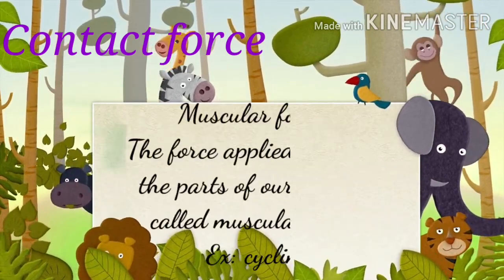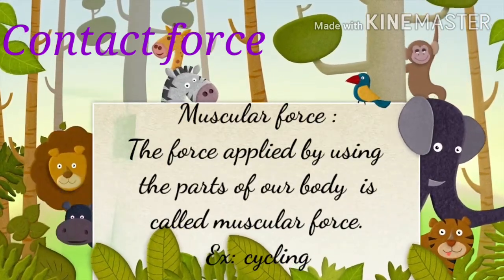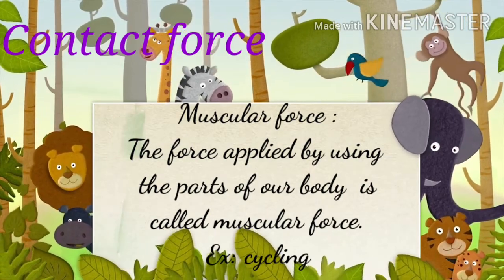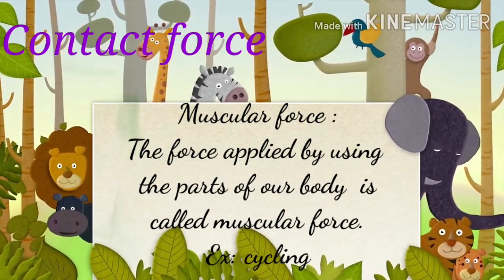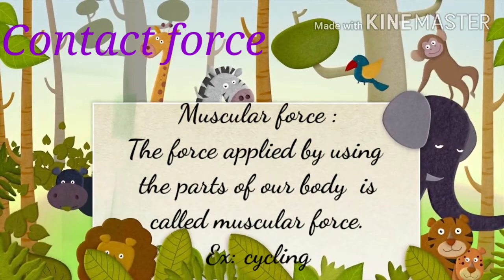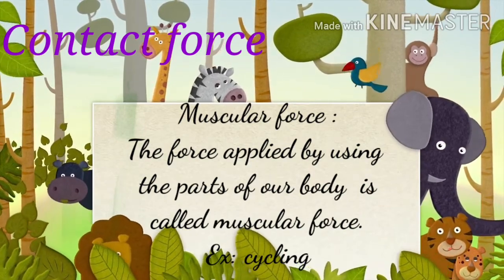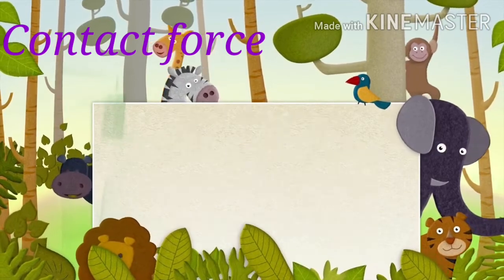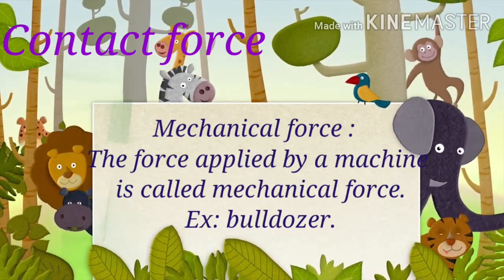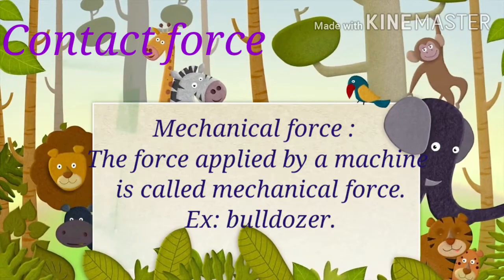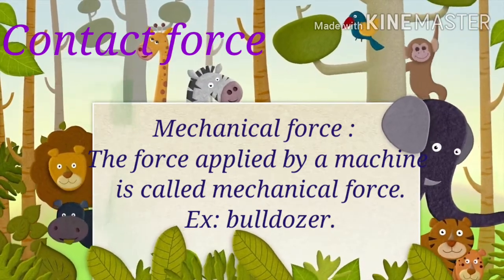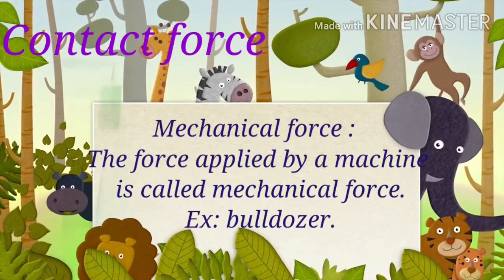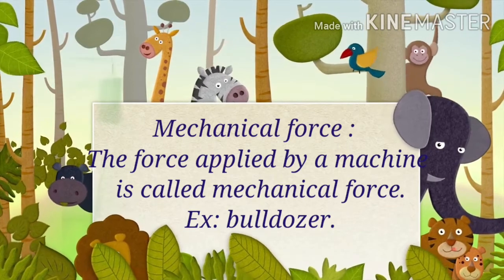Muscular force. The force applied by using the parts of our body is called muscular force. Example, cycling, pot making. Mechanical force. The force applied by a machine is called mechanical force. Example, bulldozer, fan.